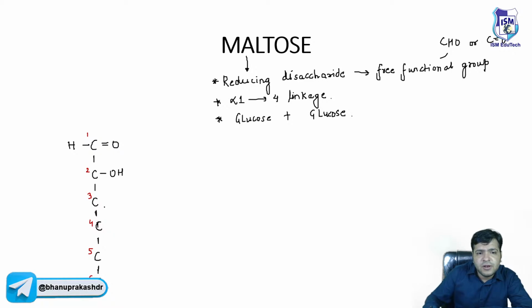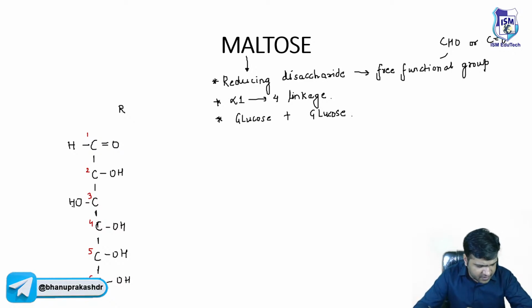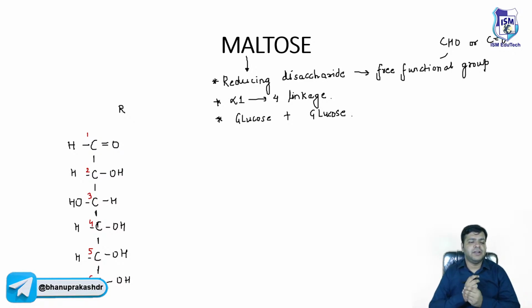All the OH will be towards the right side except the third one, and the OH at the third place will be towards the left side. At the third carbon, yes, everyone is right. Now, to balance it, we have to put H at every place. You already know this, right?